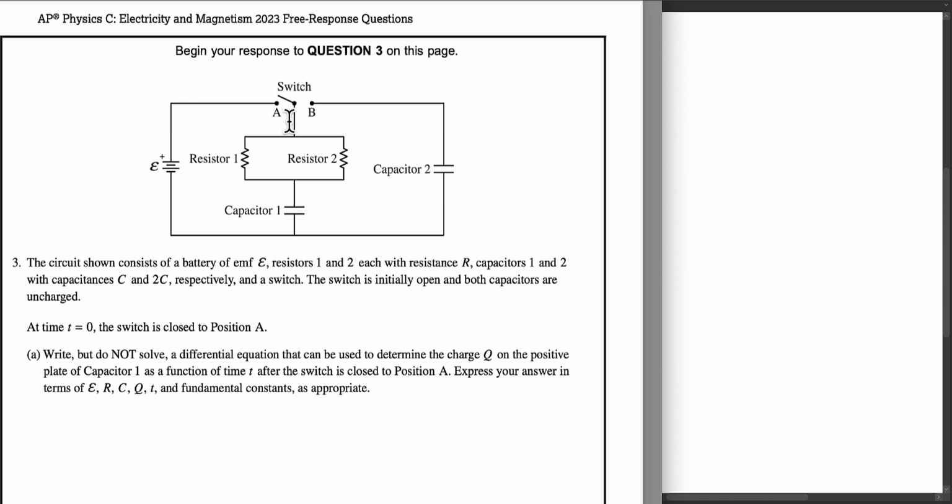So we know that if we close the switch to A, it's an RC circuit. One important thing is that the R in the RC circuit now consists of two resistors in parallel. So we should first calculate the total resistance of the two resistors, and then use that total resistance as the R in the RC circuit.